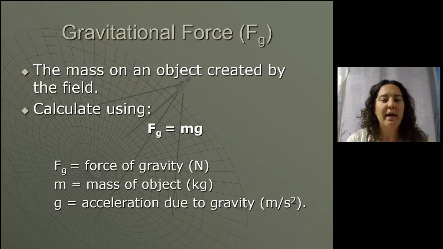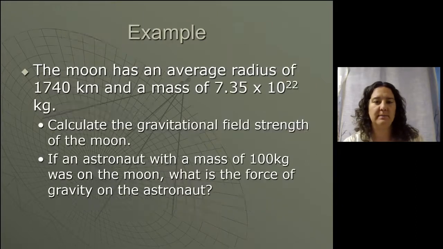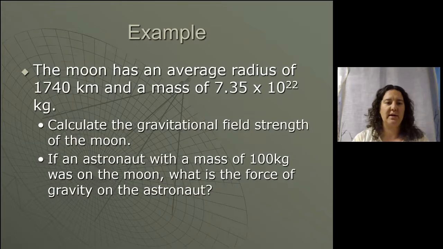I can also calculate the force created by the field on an object. Weight is the force of gravity on an object. If the moon has an average radius of 1,740 kilometers and a mass of 7.35 times 10 to the 22 kilograms, we're going to calculate the gravitational field strength on the surface of the moon.